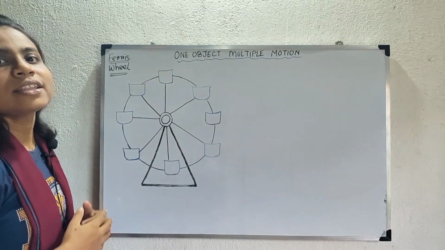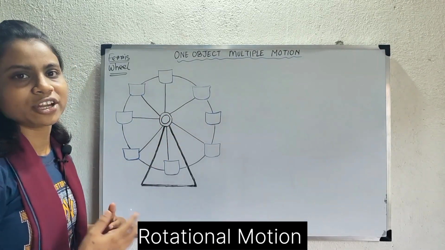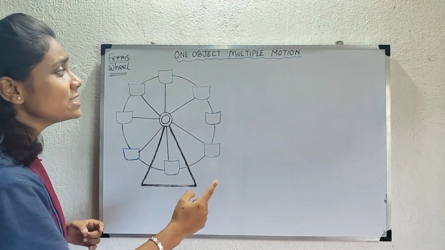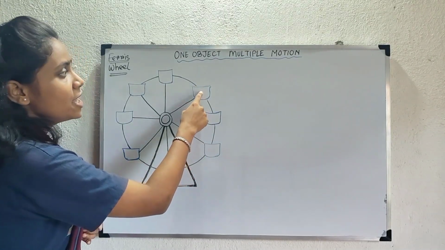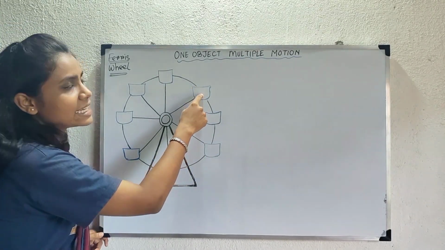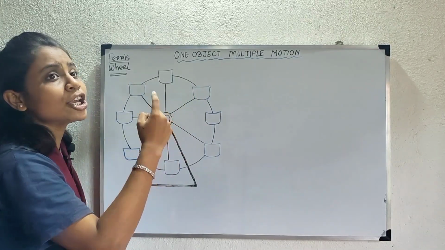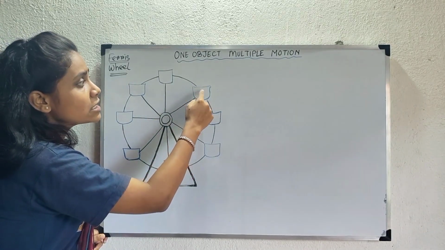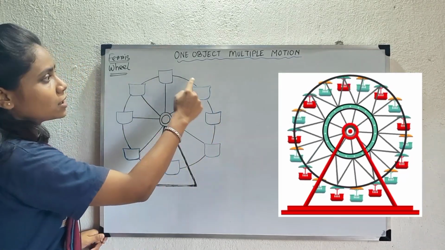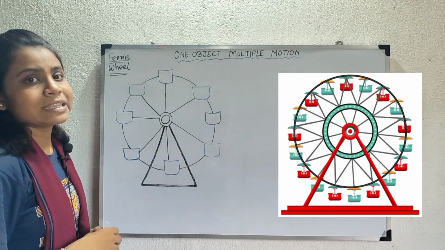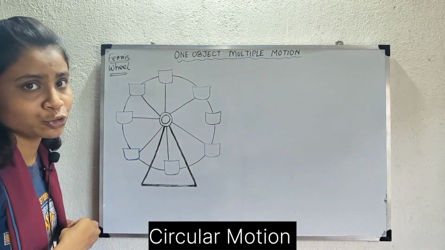Hence, this is the rotatory motion or rotational motion. But consider a single seat. If I consider this seat, just observe the motion of this seat carefully. It covers a circular path while moving. Thus, this is the circular motion.